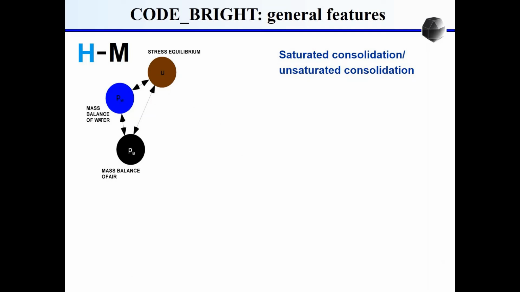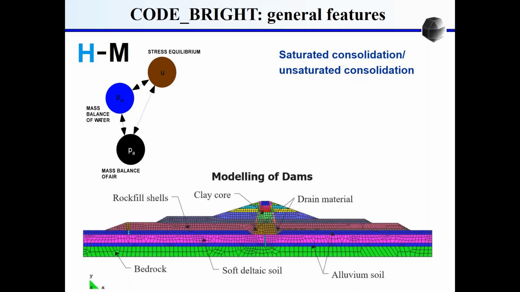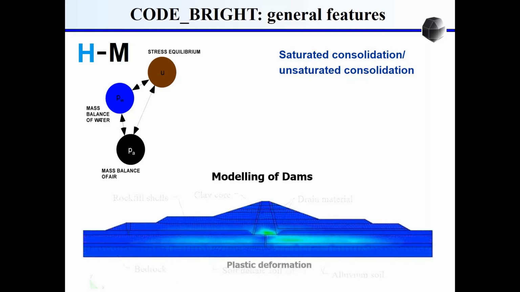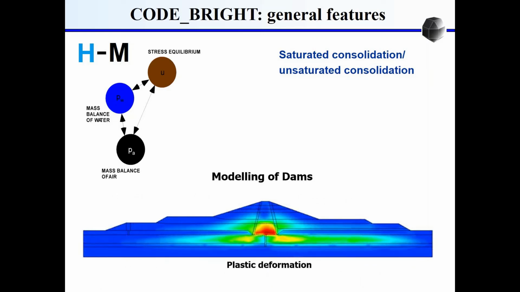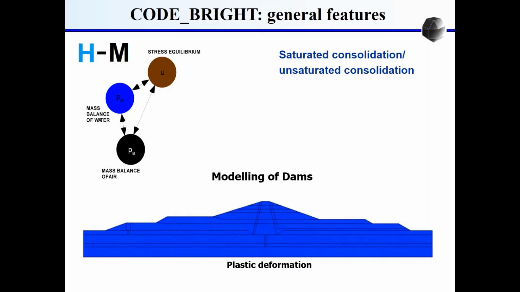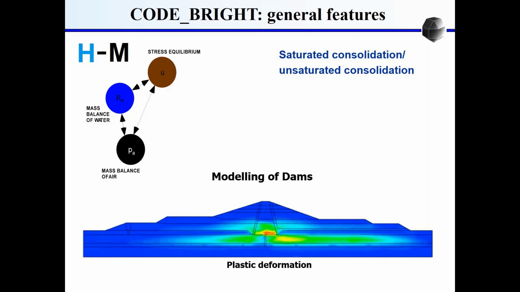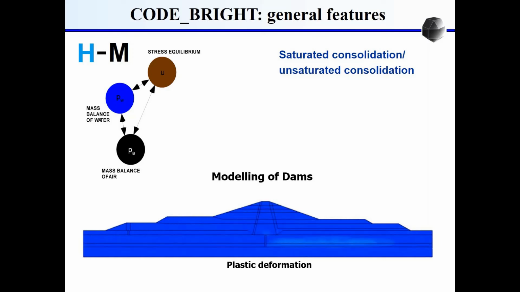Also, we can study saturated consolidation or unsaturated consolidation if we consider unsaturated soils, like for example modeling of dams. And here we can see, for example, the evolution of plastic deformation and many other parameters.